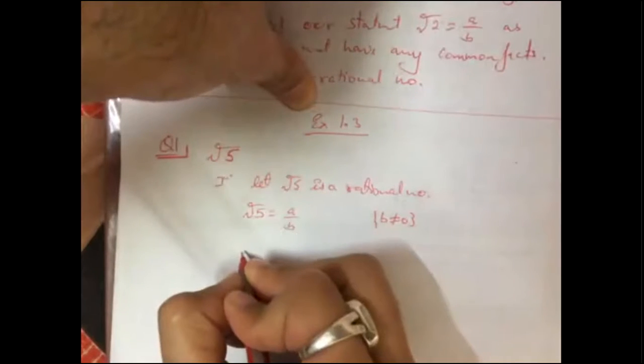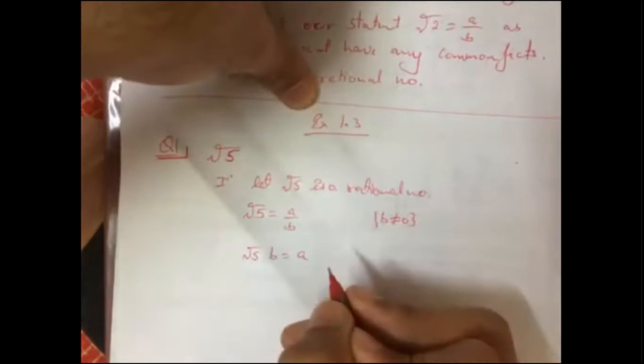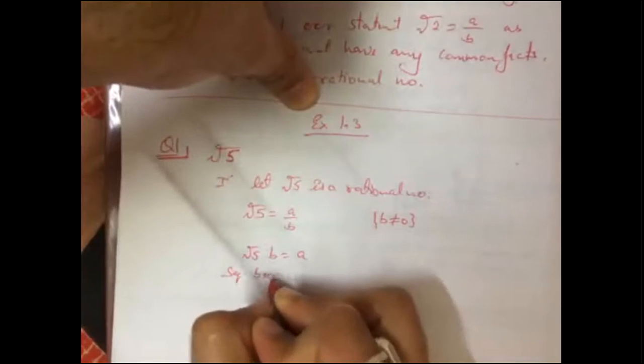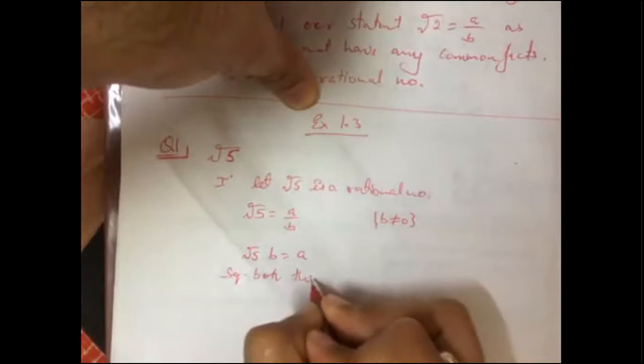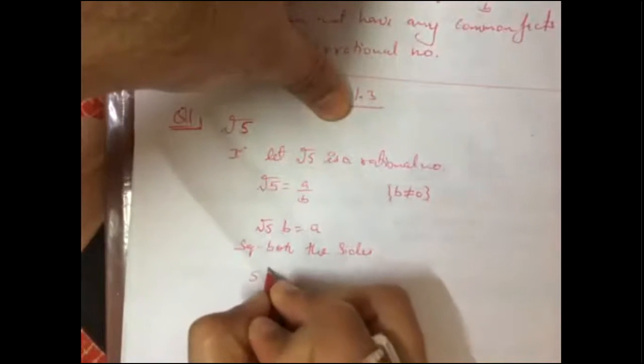Now, root 5 times b equals a. Rearranging this and squaring both sides, we get 5b square equals a square. And what do we get from here?